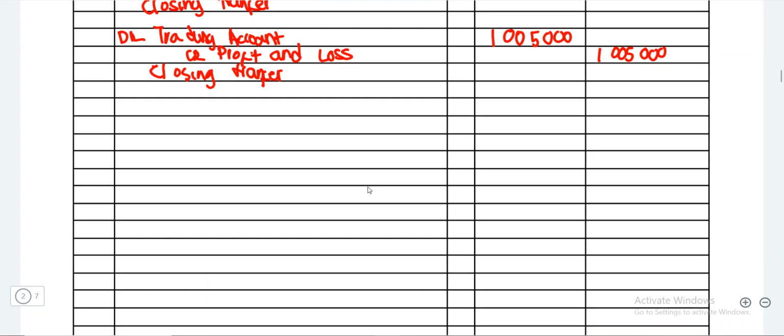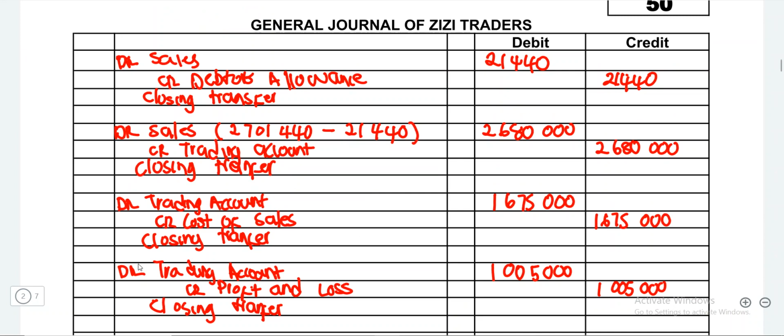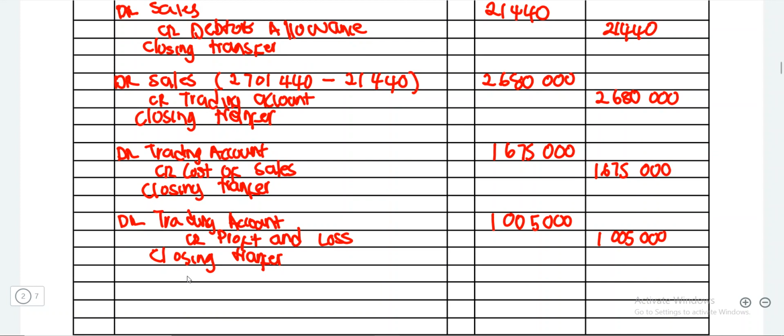Now that we have transferred the part of the gross profit, we now need to work on all the incomes and expenses that we are going to have. Now, when you deal with your expenses, remember that profit and loss is going to be debited, and then those expenses are going to be credited.